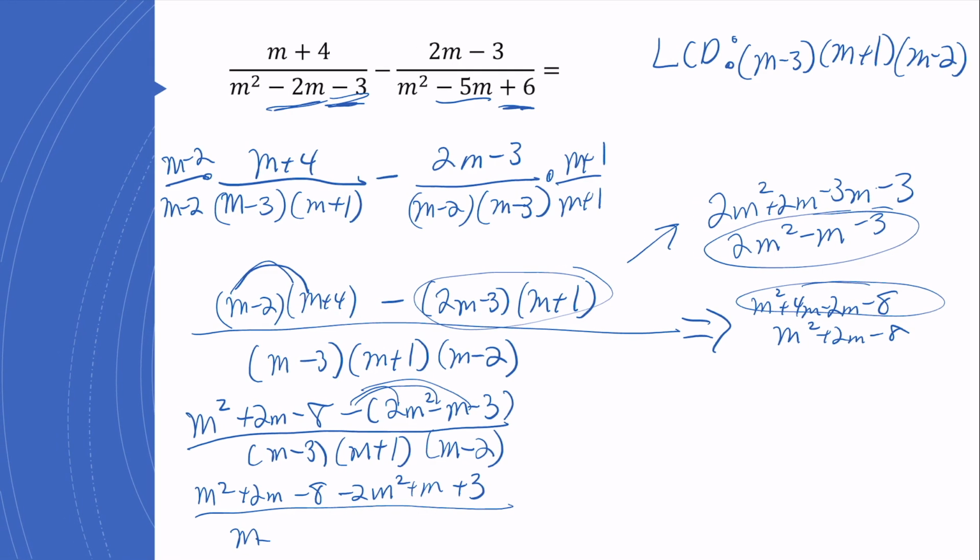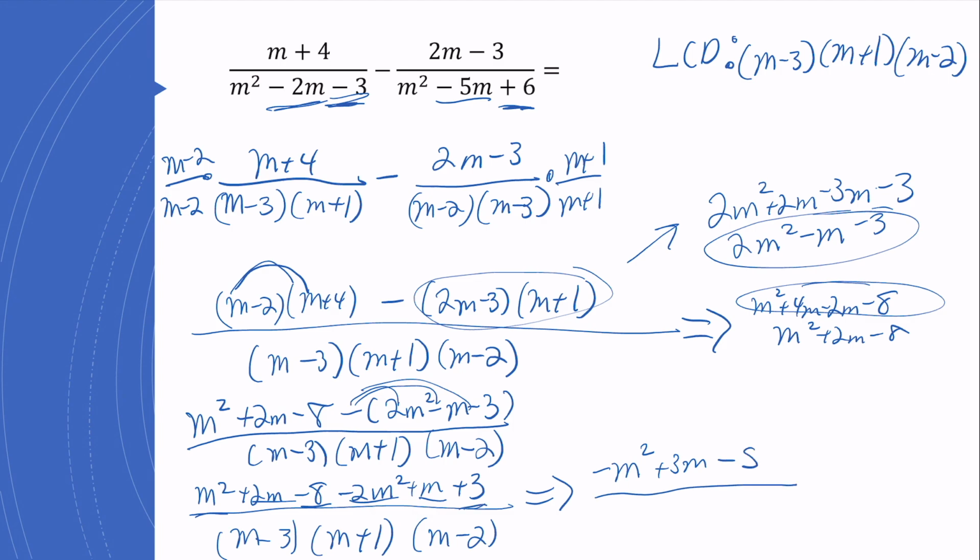And then we combine like terms and really hope something simplifies out in the end, because this was a lot of work if nothing's going to simplify. So I have negative m squared. 2m plus m is 3m. Negative 8 and 3 gives me negative 5. I don't like a negative leading coefficient, so I could pull that negative out.